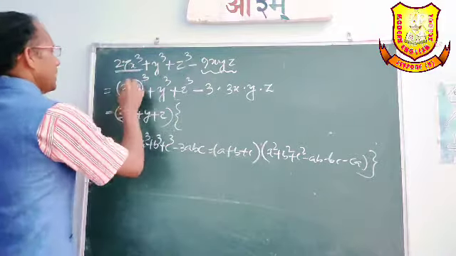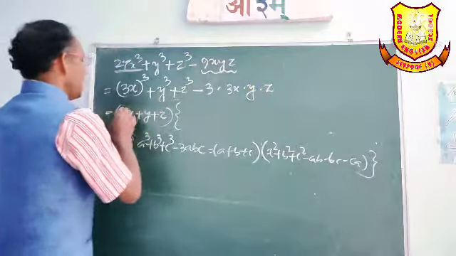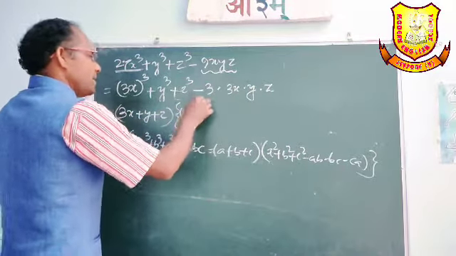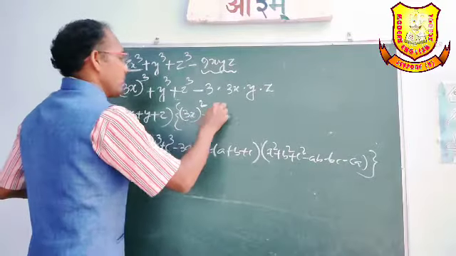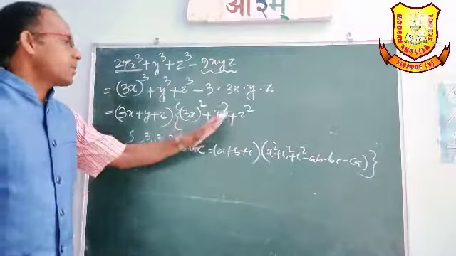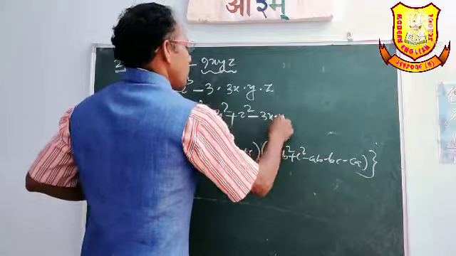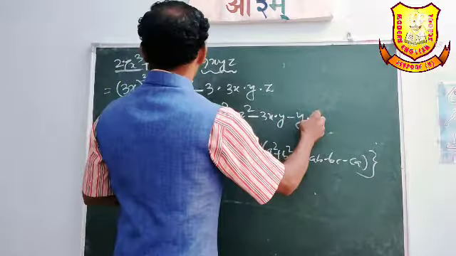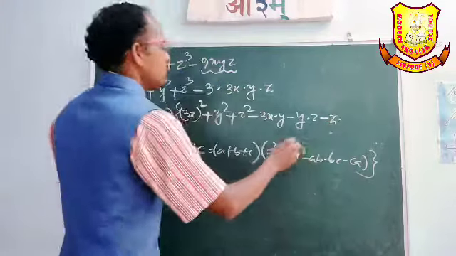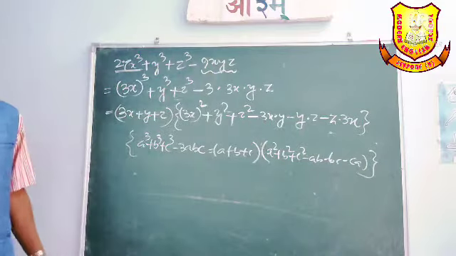This is the formula. So here a equal to 3x, so a square plus b square plus c square, minus ab, ab is 3xy, minus bc, y into z, minus ca, z into a, that is 3x. This is the formula applied.